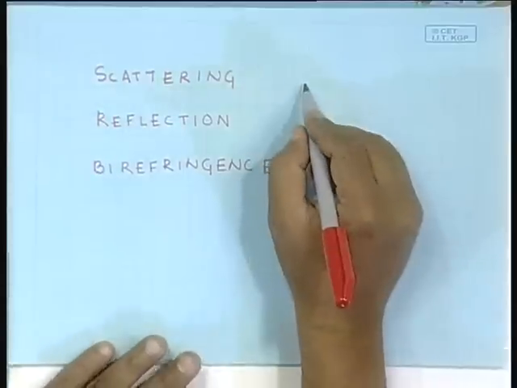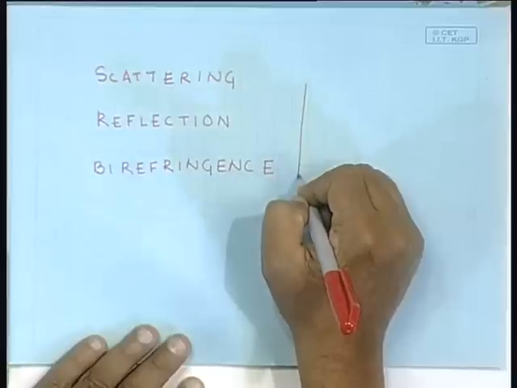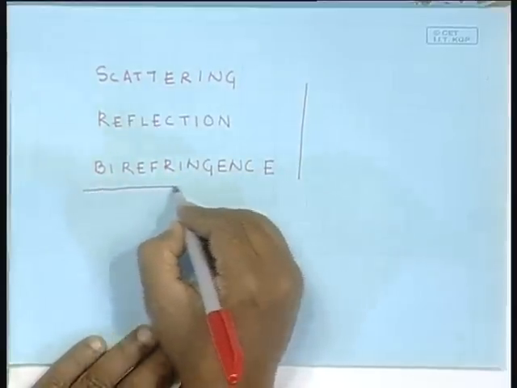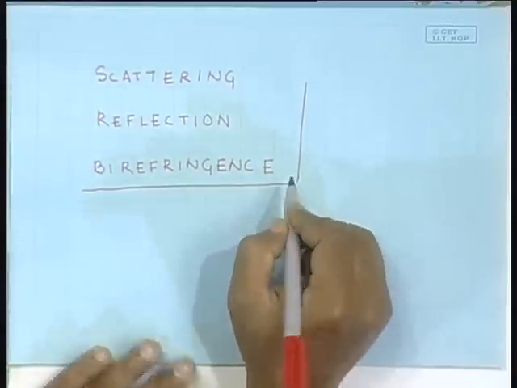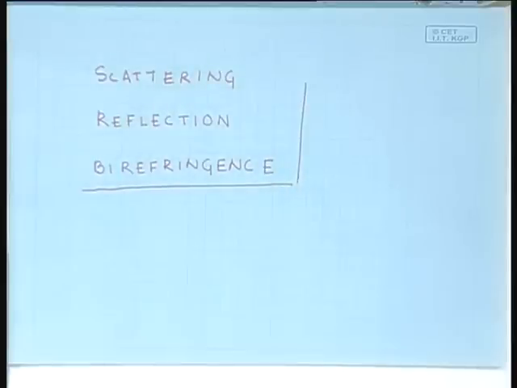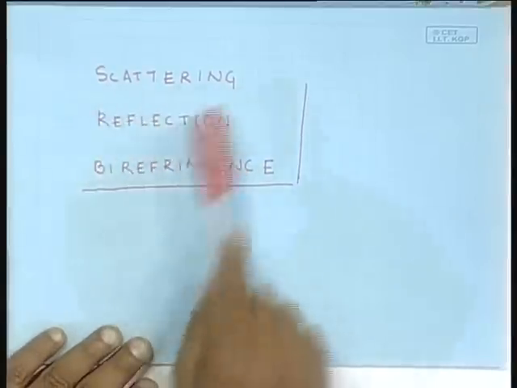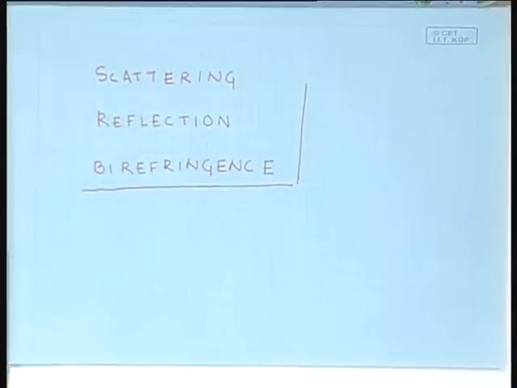So, these are the three main mechanisms which produce polarized radiation. Let me give you an example. We have already discussed an example of how scattering produces polarized radiation from natural or unpolarized light.